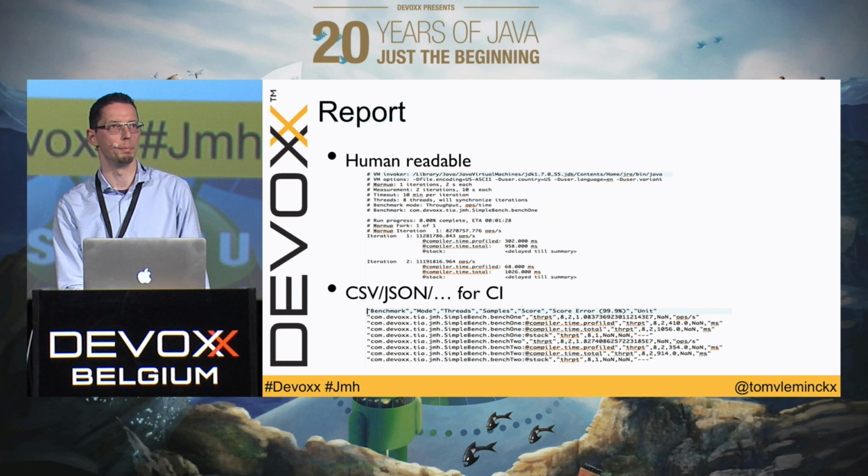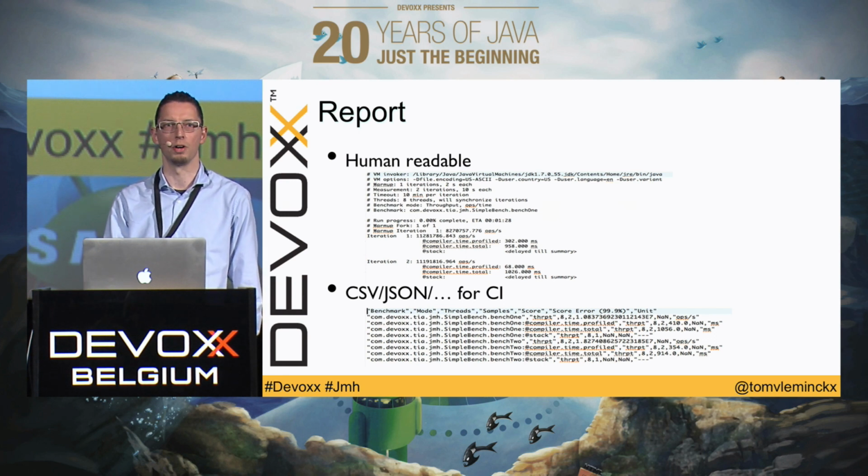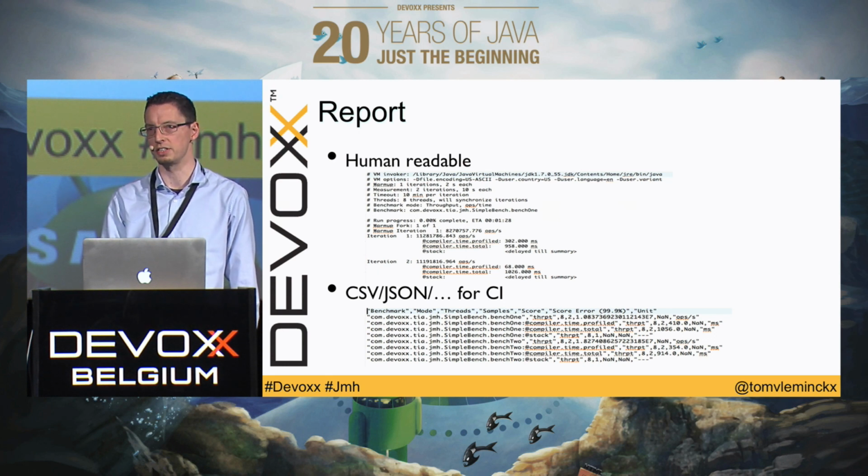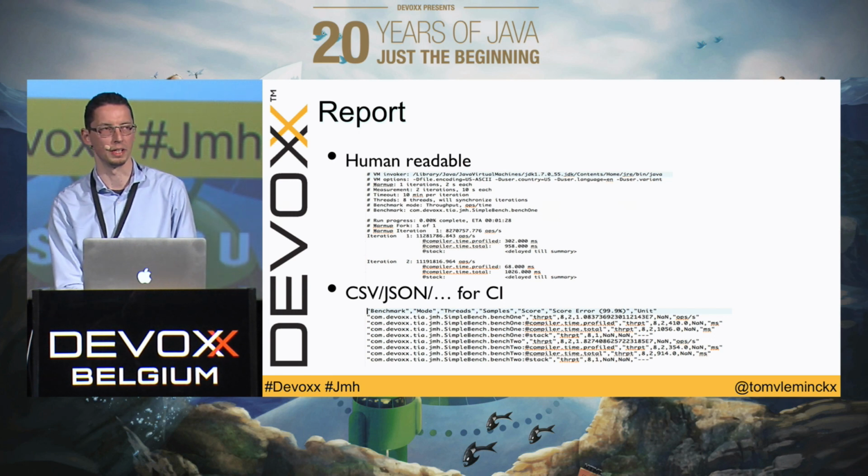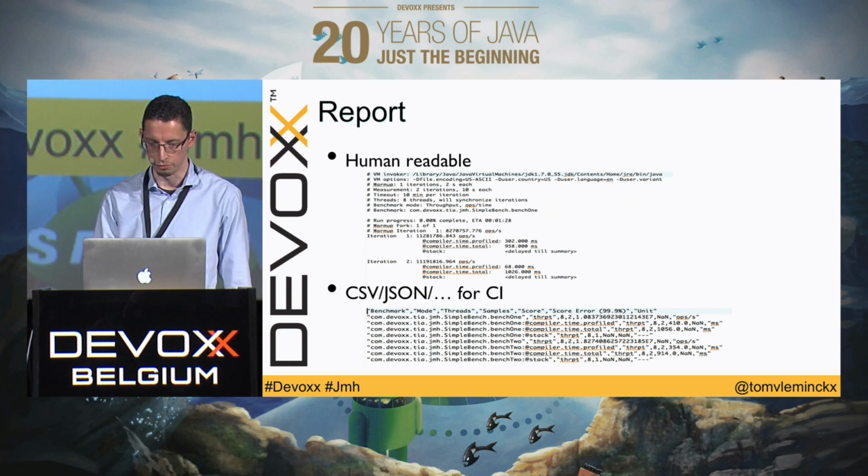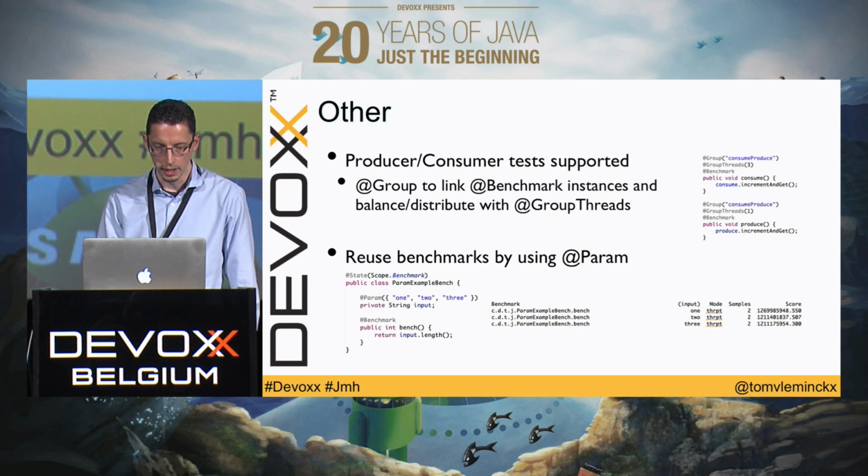And that's something that you typically can use in your CI environments, continuous integration. There you can potentially fail the build if you have a regression on a certain test. I have an example of that also, setting it up in Jenkins. So if you have some time, I will go there.